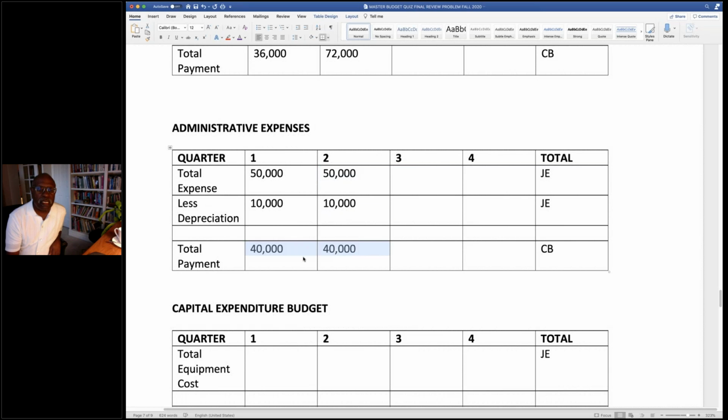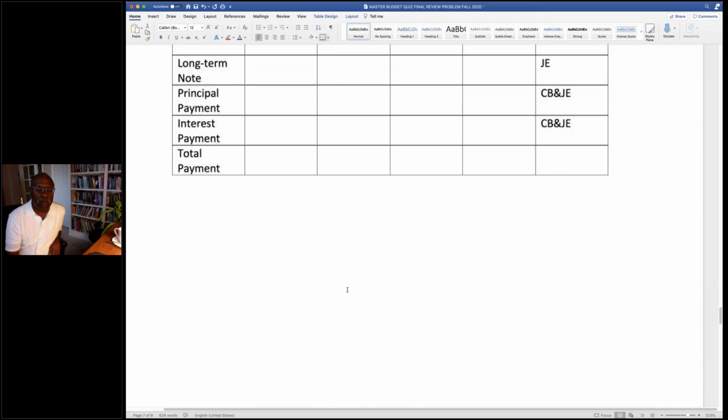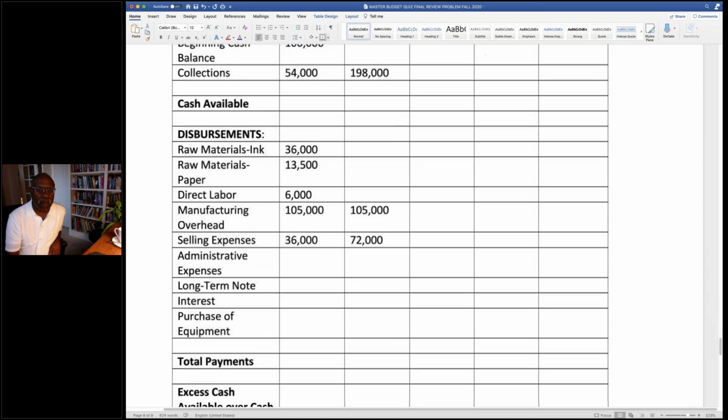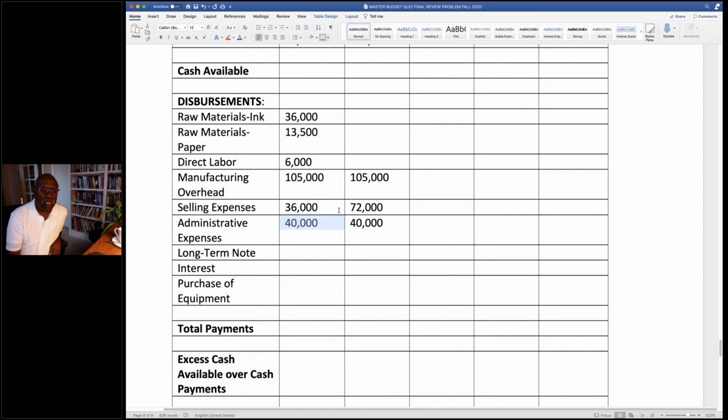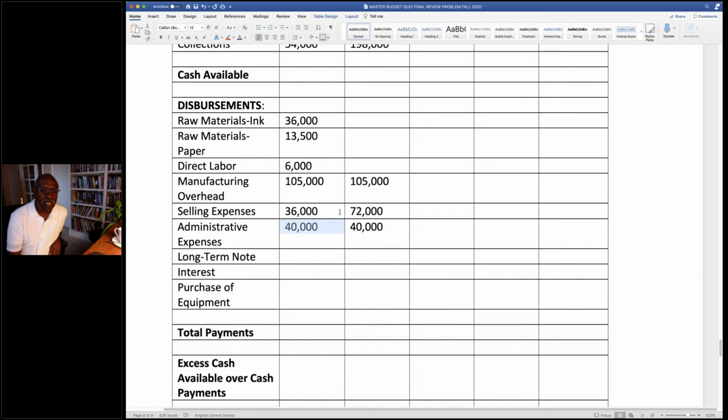Then we copy these numbers. So as you can see, it does not have to take long. Professor Boyd, can you go back up to the selling expense?